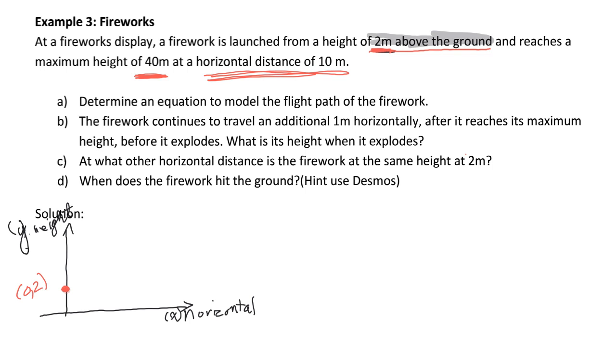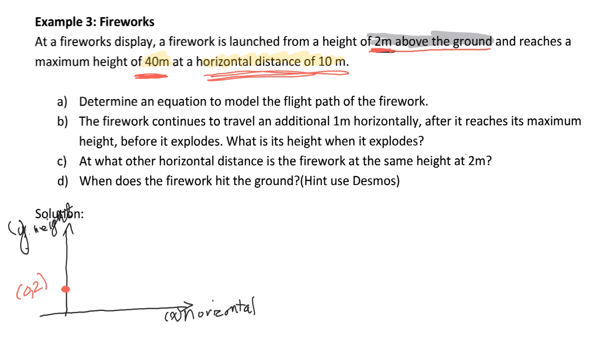Now, let's put the maximum where that occurs. It says our maximum height occurs 40 meters above the ground, and there's a horizontal distance of 10 meters from the start.